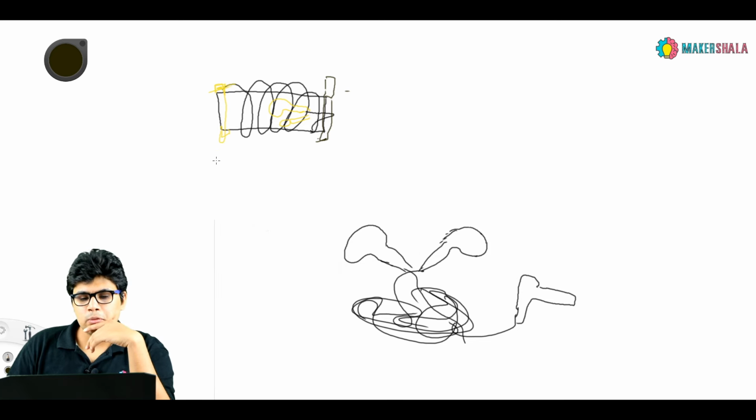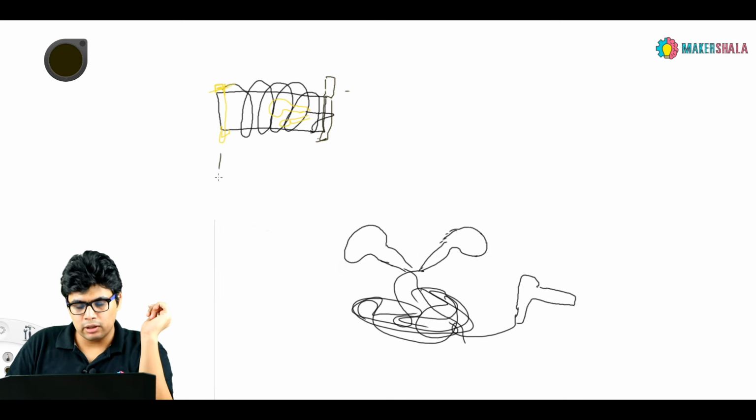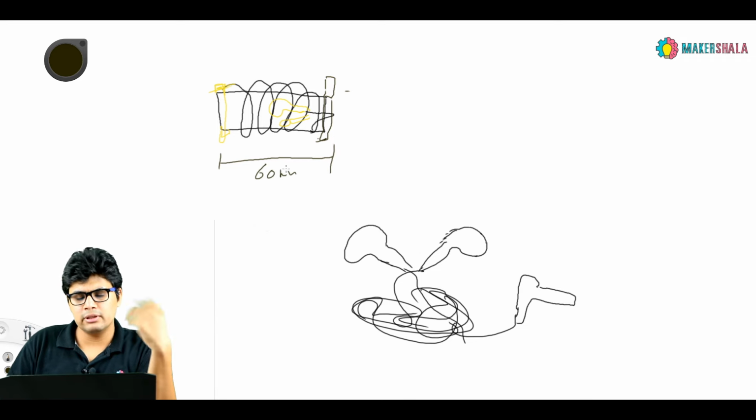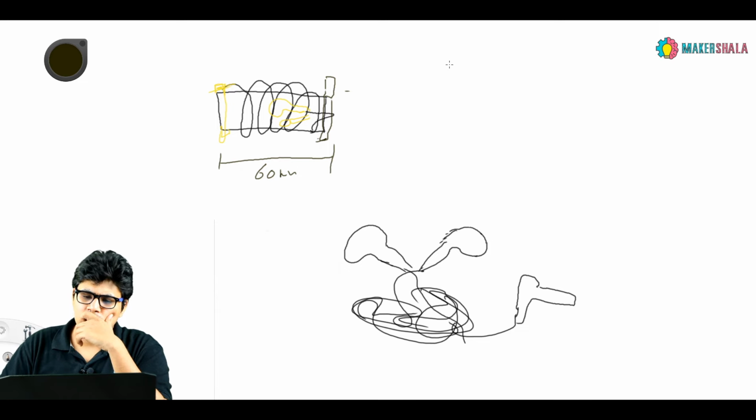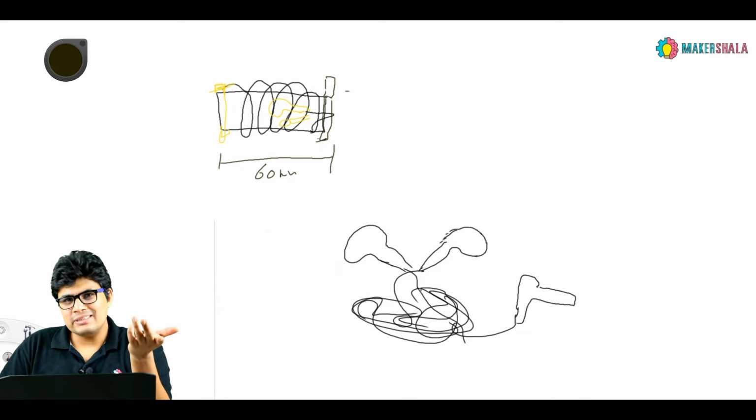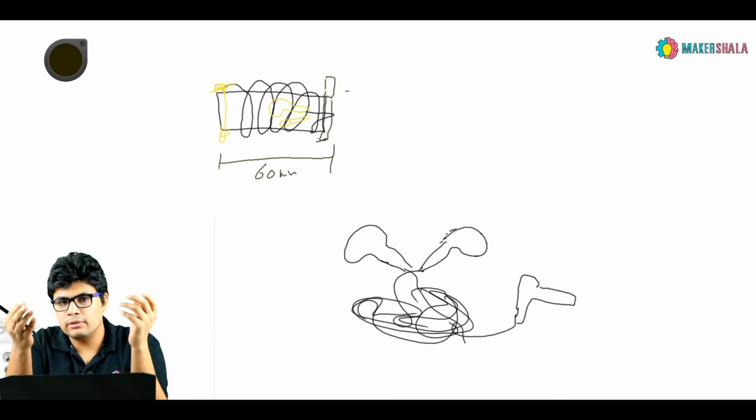But the problem is that it is going to be a little longer. It will have a length of around 60 millimeters or so, and it is of a round shape. So how can we make something which is more compact in nature? You must have seen the AirPods. The case of the AirPods only holds the AirPods because they do not have wires.